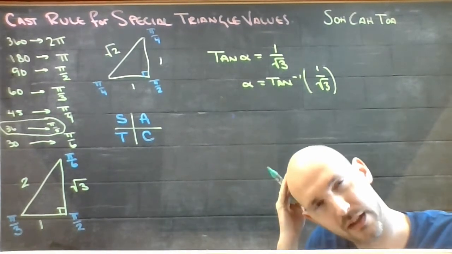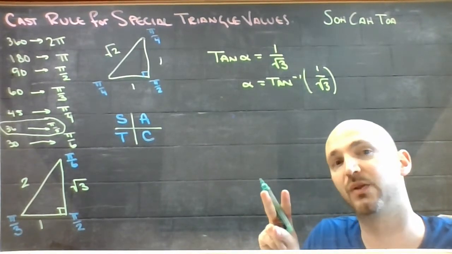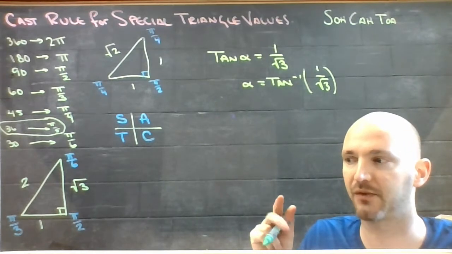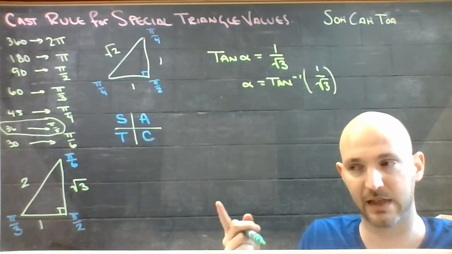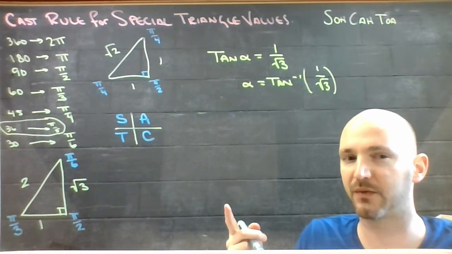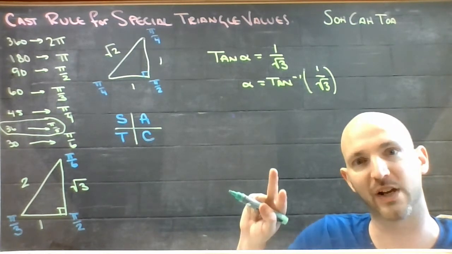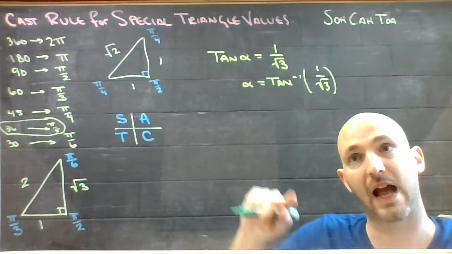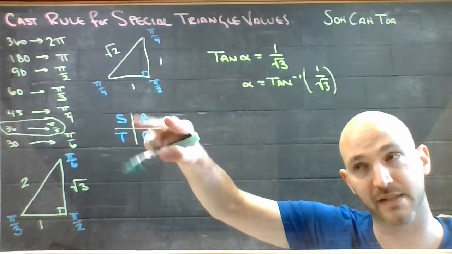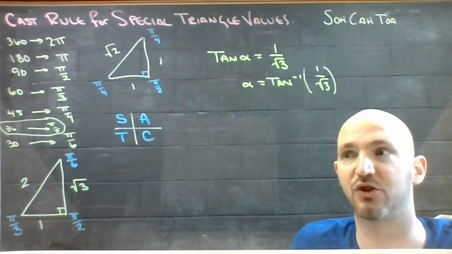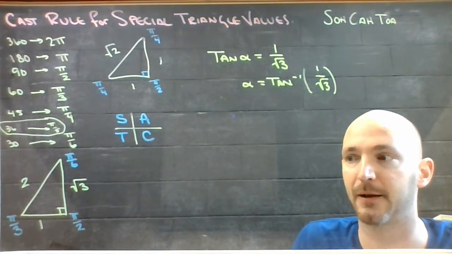So in order to do this, I'm going to have to do 2 things when I'm working backwards. I'm going to have to identify which family of functions it is. And then once I've identified the family, I'm going to have to decide which 2 quadrants have the right solution. So there'll be 2 that are positive and 2 that are negative. And I just have to choose the right family members for that.